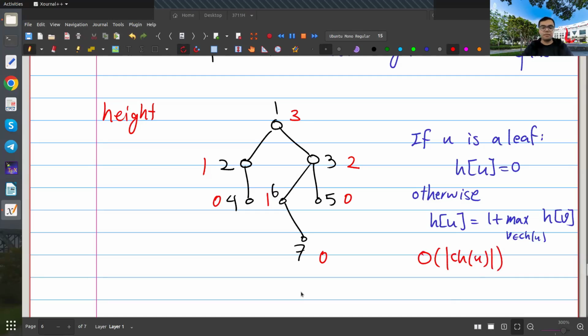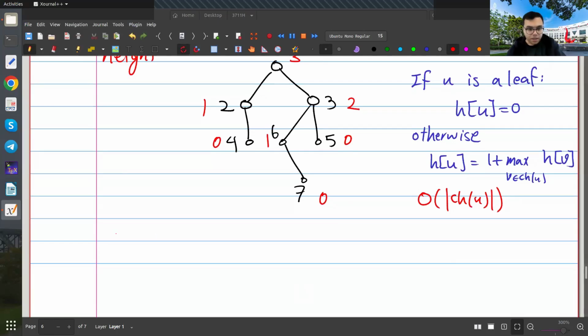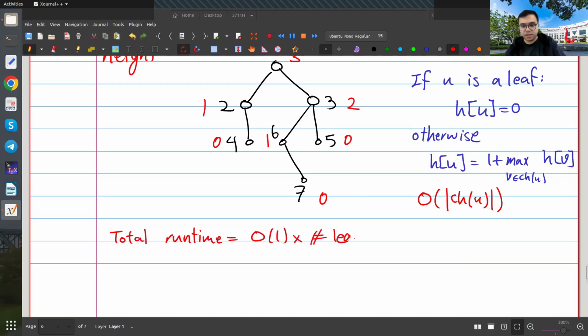So what is my total runtime? My total runtime is, well, at every leaf, I'm spending O(1) time, right? So O(1) times number of leaves. But at every other node, the amount of time that I'm spending is basically the number of children of that node, plus the sum over every vertex u that is not a leaf, of the number of children of u.